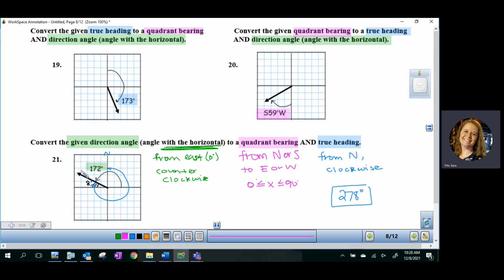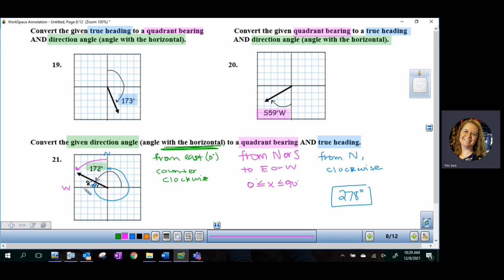As a quadrant bearing, I have to go from the north or south. So if I'm in quadrant 2, I'm closer to the north, right? And is quadrant 2 to the west or east? Yeah, this is west over here. So it's north, to the west.